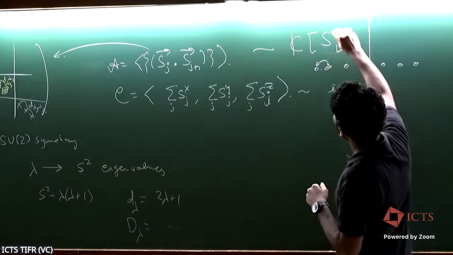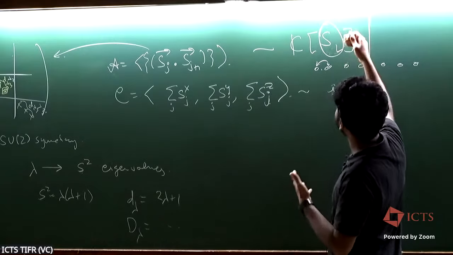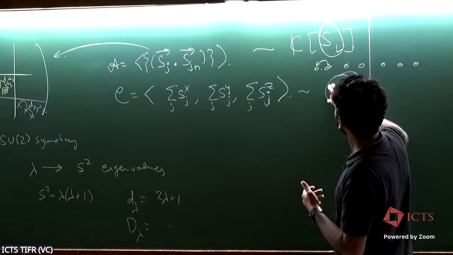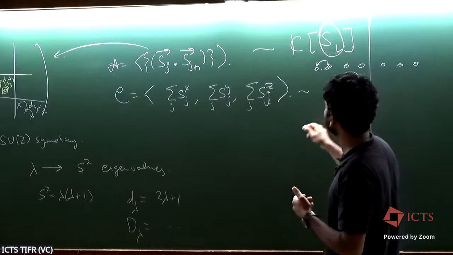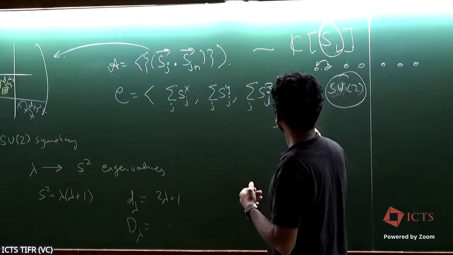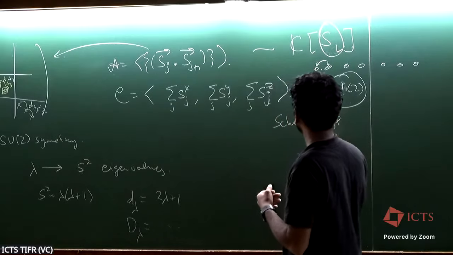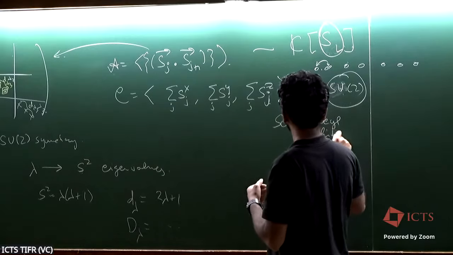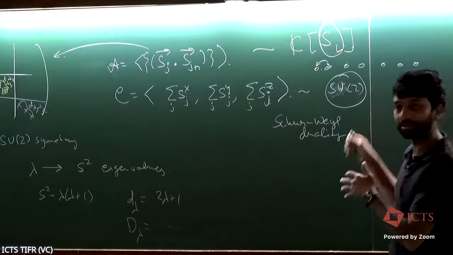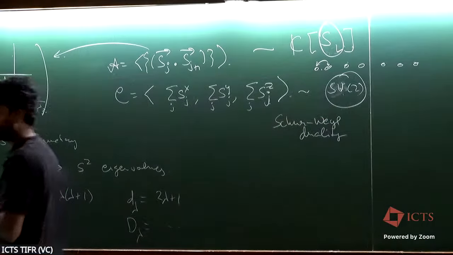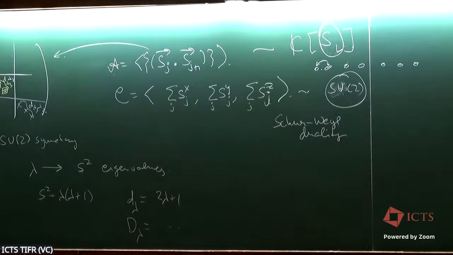And this correspondence between the permutation group and SU2 group, you might have heard of as the Schur-Weil duality. If you're not familiar with this, it's fine, but this is just a special case of a more general result. Okay.